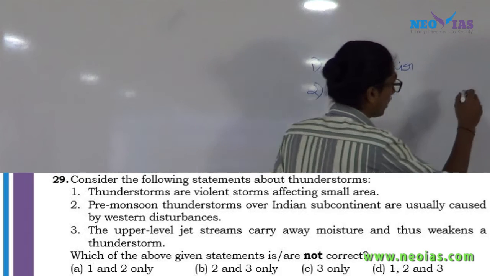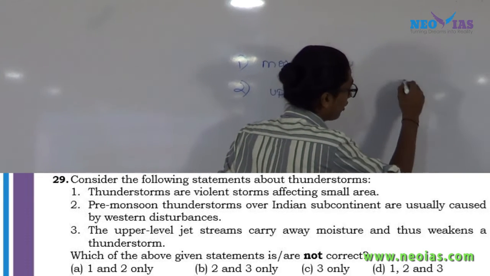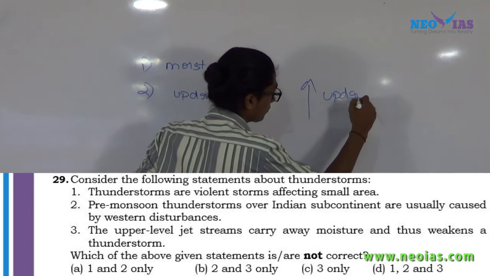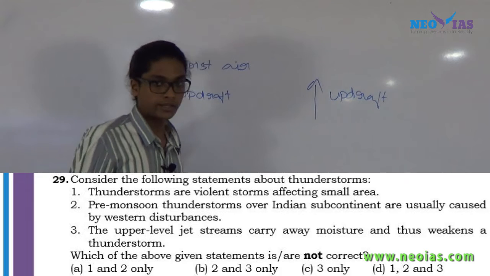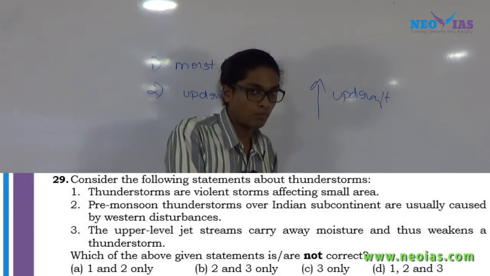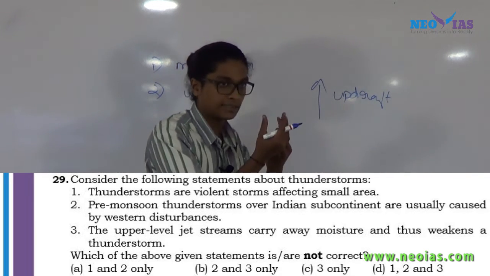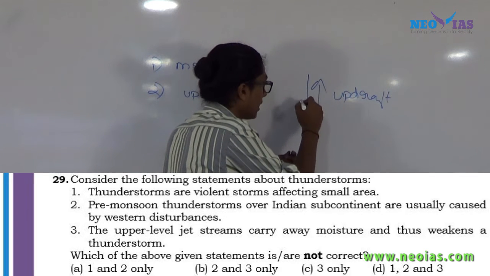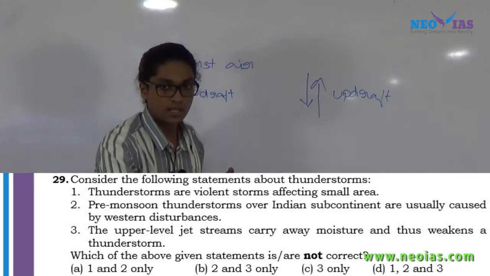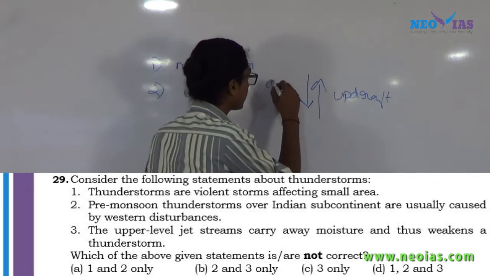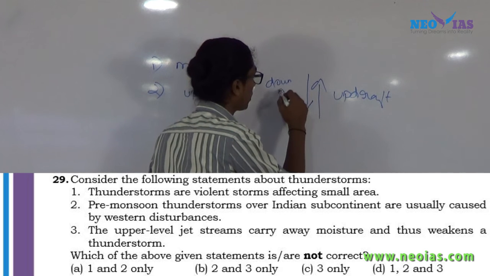See, in thunderstorms we have an updraft: the warm moist air moves towards the upper troposphere. When it condenses, the cool air comes towards the lower atmosphere, and we call that downdraft.